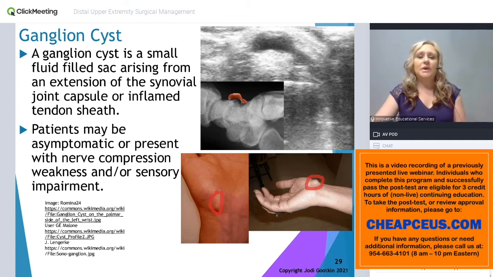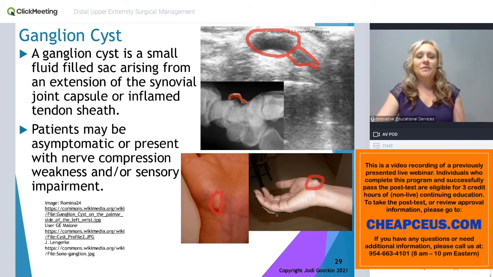What we do know now, at the top where we're looking at an ultrasound image, is that it's a communication. They say it's like a little stalk that comes out of either a damaged synovial membrane or a damaged tendon sheath, and then it creates a little pouch. I see ice cream on a cone, but the research describes it as a balloon on a stalk.